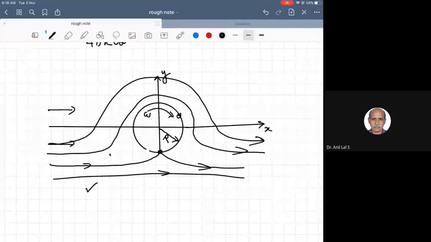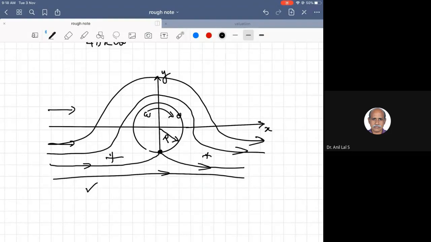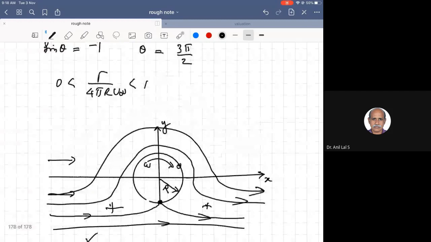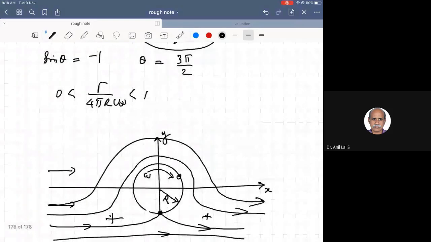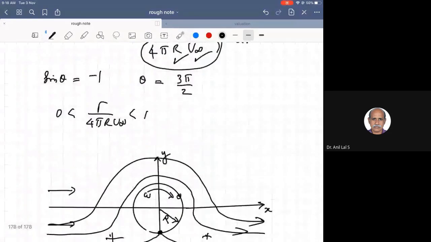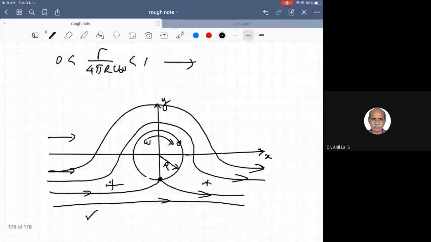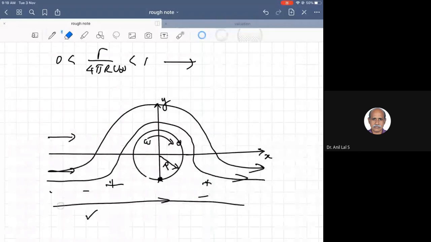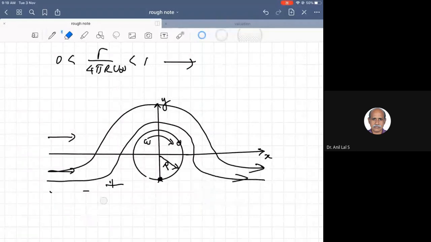So everywhere here, in the third and fourth quadrant, sin theta has a negative value, and it lies between 0 and 1. So if this is the condition, you will have two stagnation points, one somewhere here and another symmetrically on the other side.